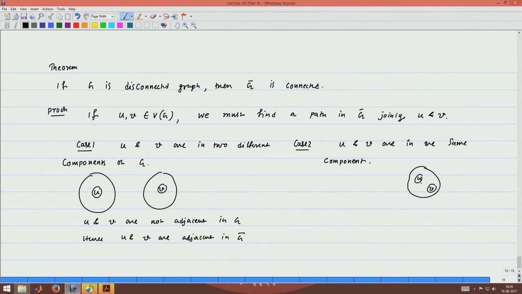Now, there could be two cases: if U and V are not adjacent, then they will be adjacent in G complement, so it is done. Suppose they are adjacent in G. So, they may or may not be adjacent in G.